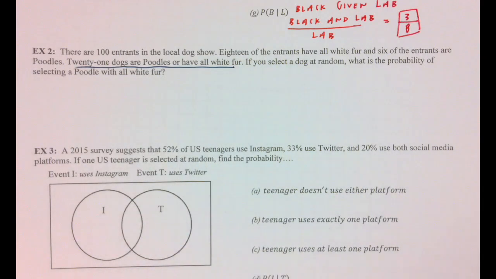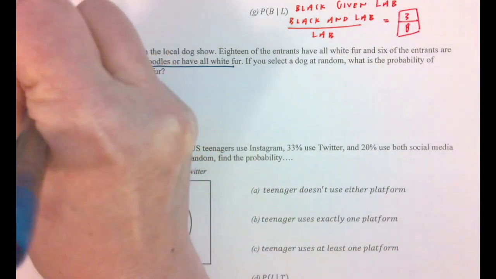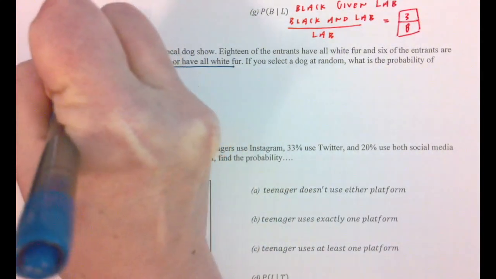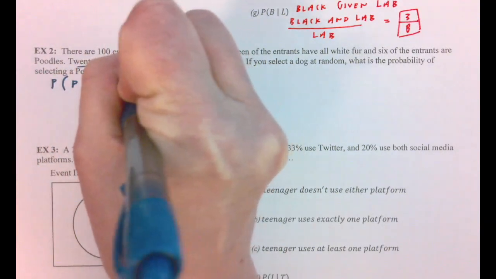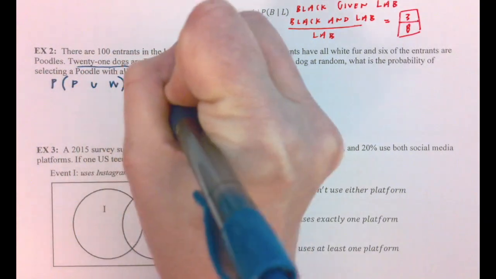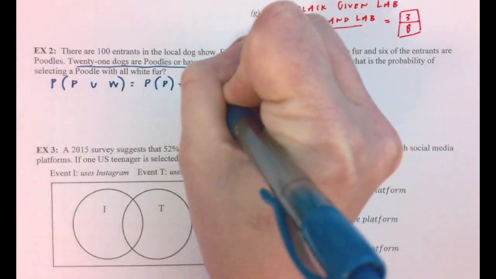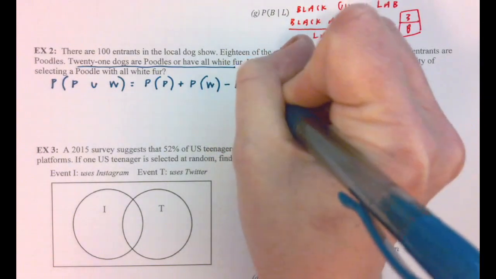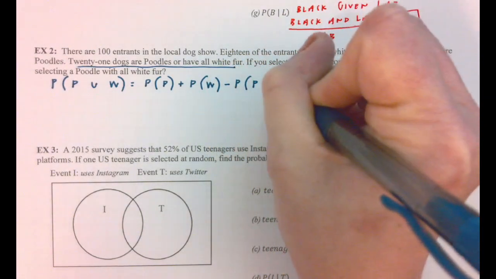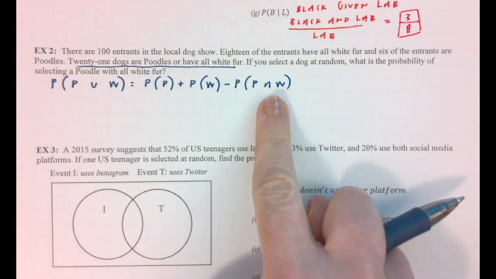Okay, so if you like structure, you could use the formula. I'm going to show you 2 ways to do it. So the probability of getting a poodle or dog with white fur would be the probability of getting a poodle plus probability of getting a dog with white fur minus the probability of getting a poodle and dog with white fur, right? That's the overlap that we're solving for.